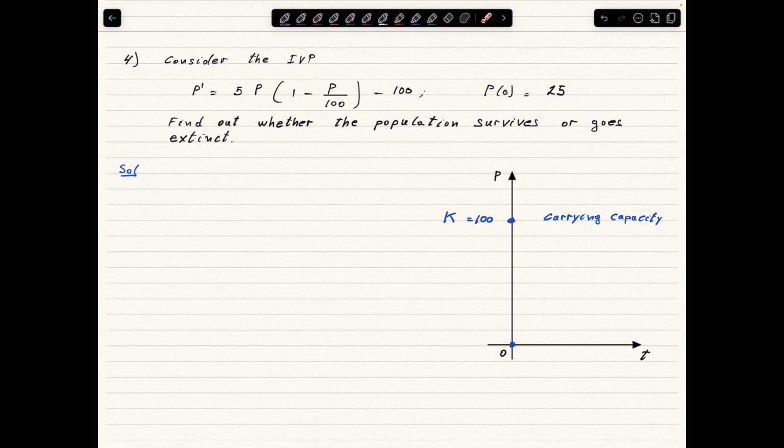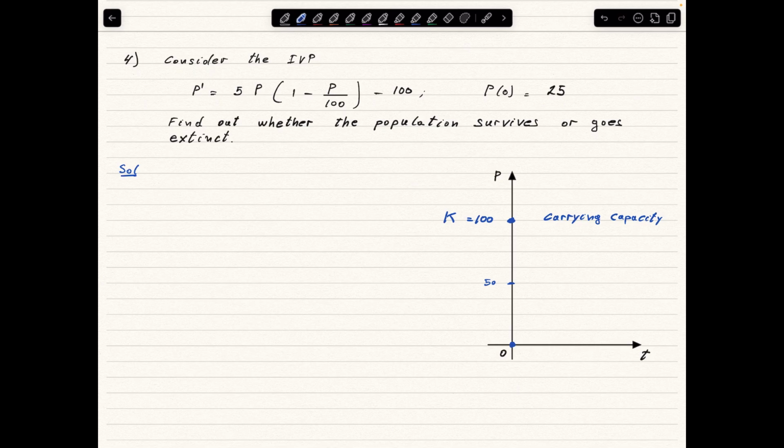What else? We have 1, 2, 3, 4, so more or less here we have the middle, isn't it? Let me put the middle more or less over here, so that should be 50. It's a good thing to know where the middle is. Okay, these are the two points, but we haven't learned anything about the solutions of the differential equation yet. But these points are going to be useful later.